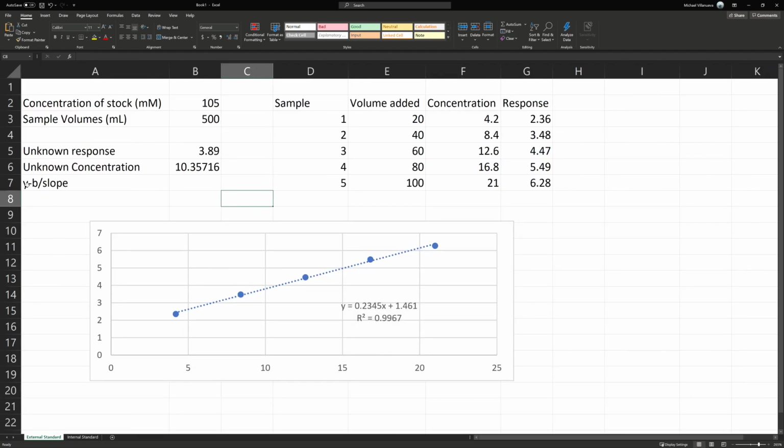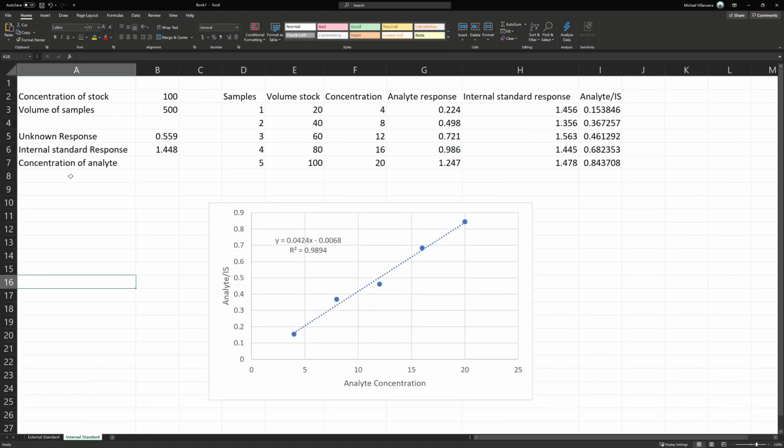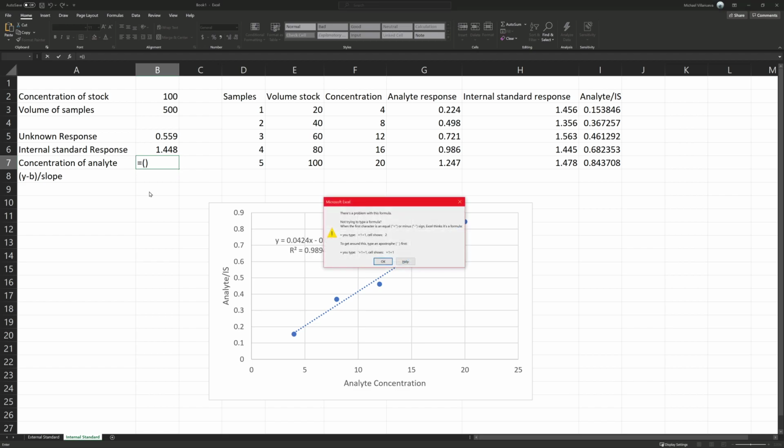Remember, we have b, or y minus b divided by slope. Just verify. So this is going to equal, well, our y value is not directly given anymore since we essentially need to do a little bit of math, but this is totally doable. Let's open a parentheses.